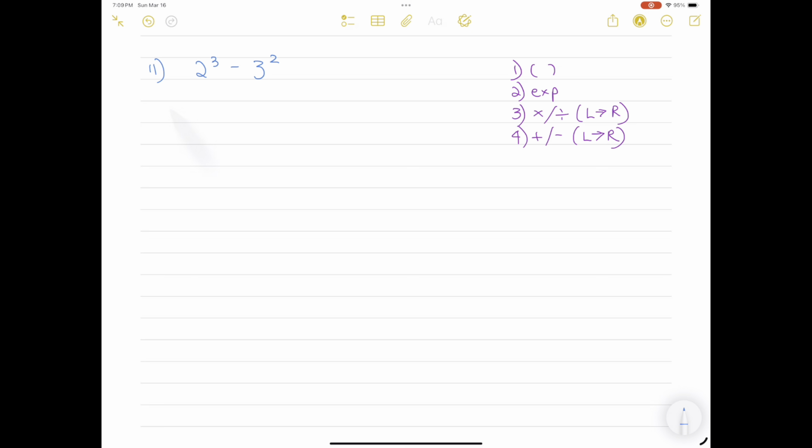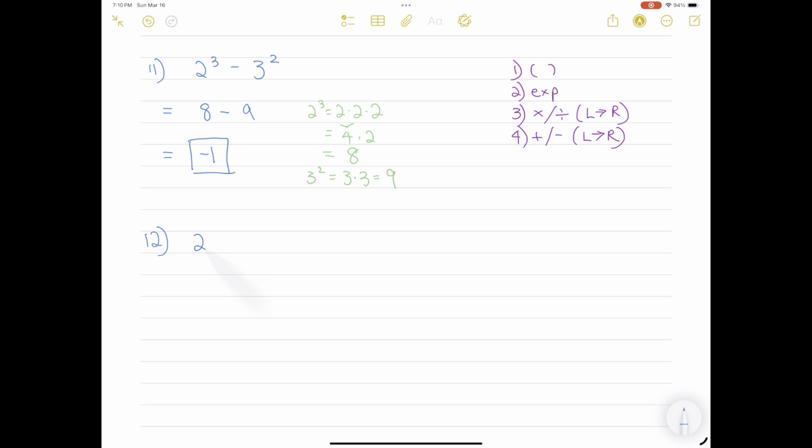So I solve the exponents. 2 to the third power is 2 times 2 times 2, which simplifies to 4 times 2, which equals 8. I write 8 down on the line below, minus 3 squared is 3 times 3, which equals 9. I write 9 on the line below. 8 minus 9 equals negative 1. I box my answer.